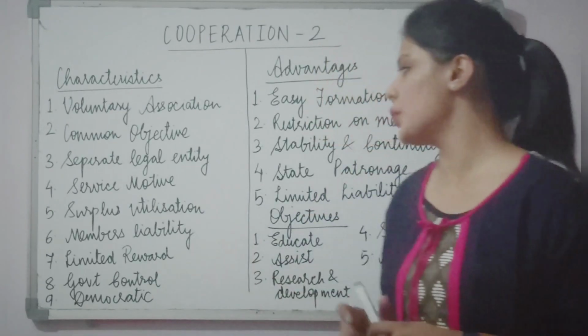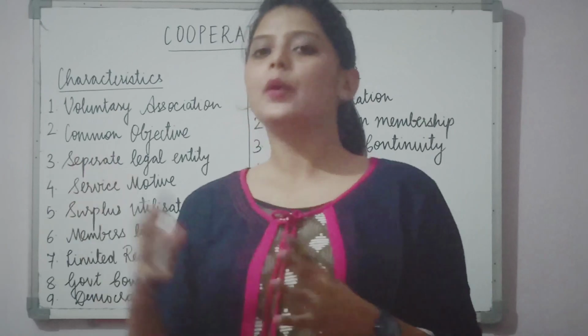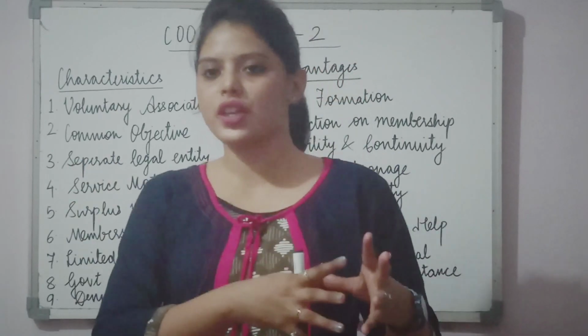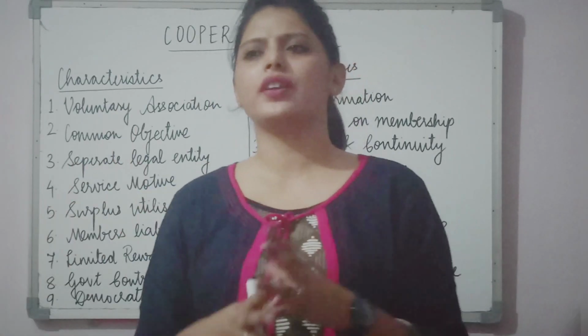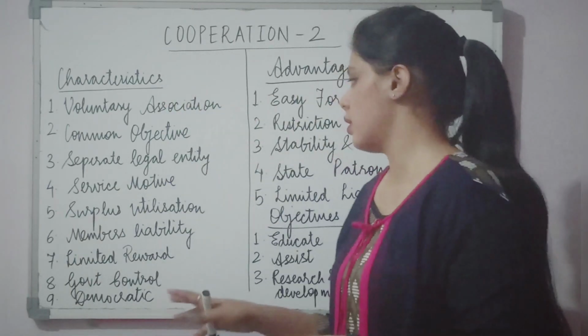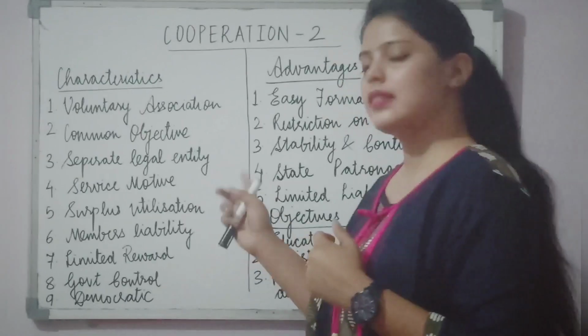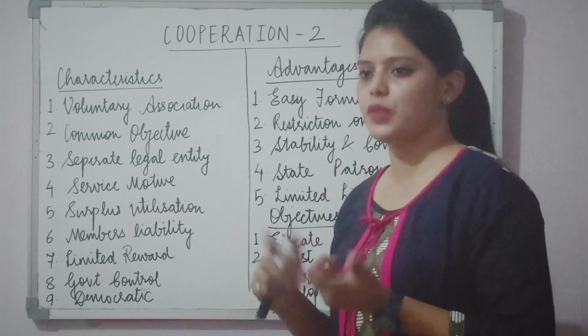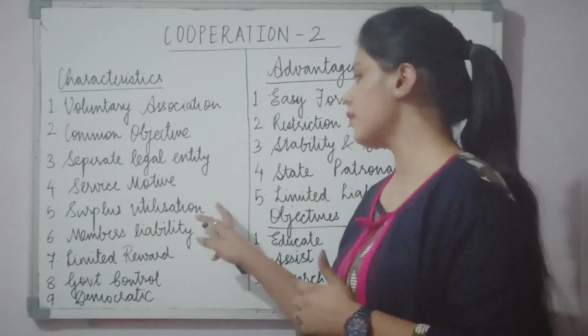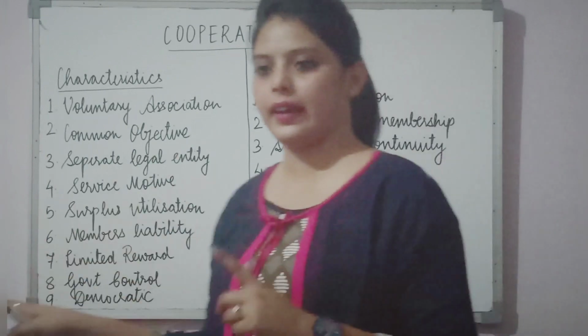Fifth is surplus utilization. Now, what is surplus utilization? When a company or a firm works, their basic purpose is monetary gain. But in this case, the basic purpose is mutual help or service motive. The secondary objective is monetary gain.